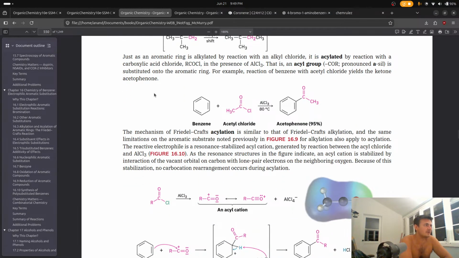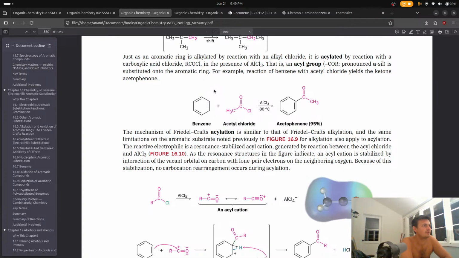Just as an aromatic ring is alkylated by reaction with an alkyl chloride, it is acylated by reaction with a carboxylic acid chloride. So this becomes a carbocation that this attacks, and then a base comes and takes the proton. An acyl group, C double bond O to R, is substituted onto the aromatic ring.